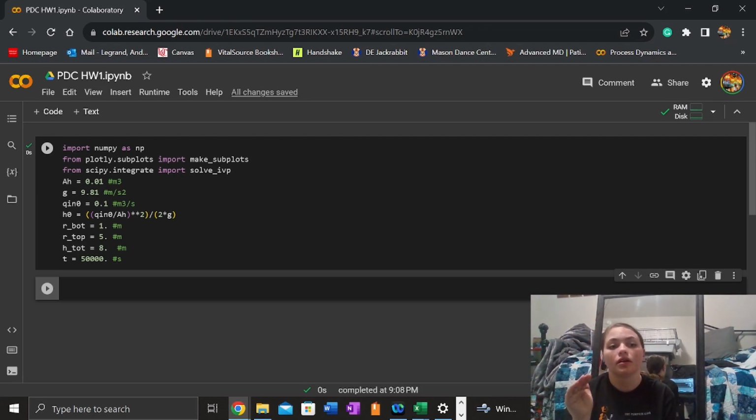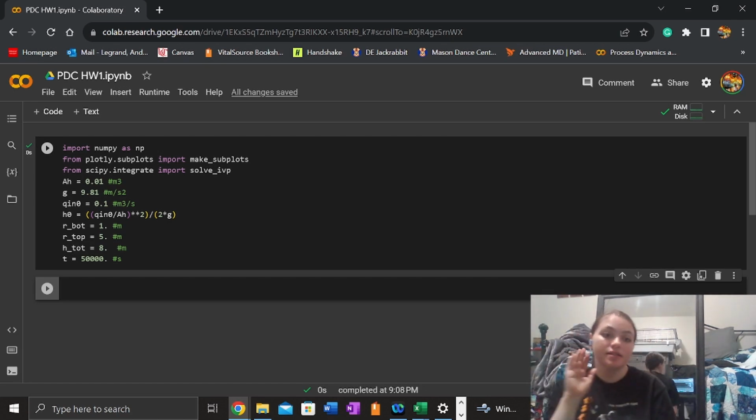So our whole cross-sectional area is 0.01 meters cubed. We have our gravitational constant, our Qn, so our initial Qn is 0.1 meters cubed per second. Then we have our initial height, which I calculated for you guys earlier, where you pull it all out. And so I put that in, so I don't have to worry about it later.